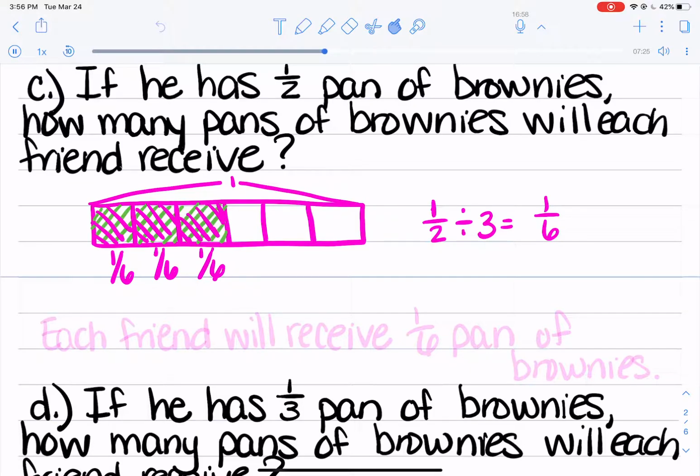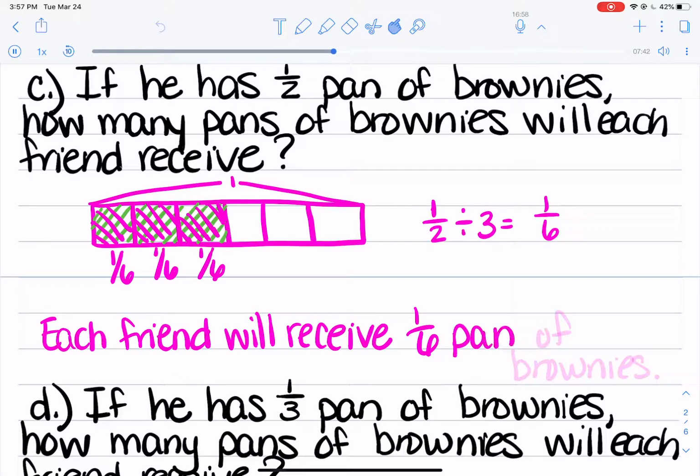So 1/2 divided by 3 is 1/6. So each friend will receive 1/6 pan of brownies.